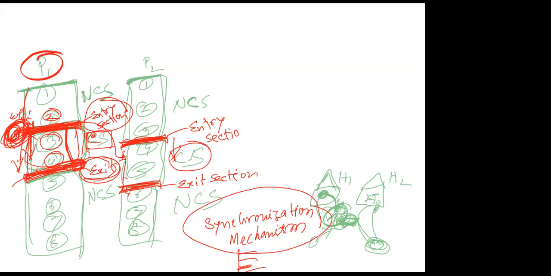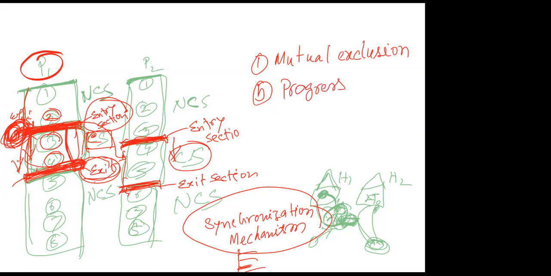One criterion is called mutual exclusion. Another is called progress. The third is bounded waiting, okay, bounded waiting.